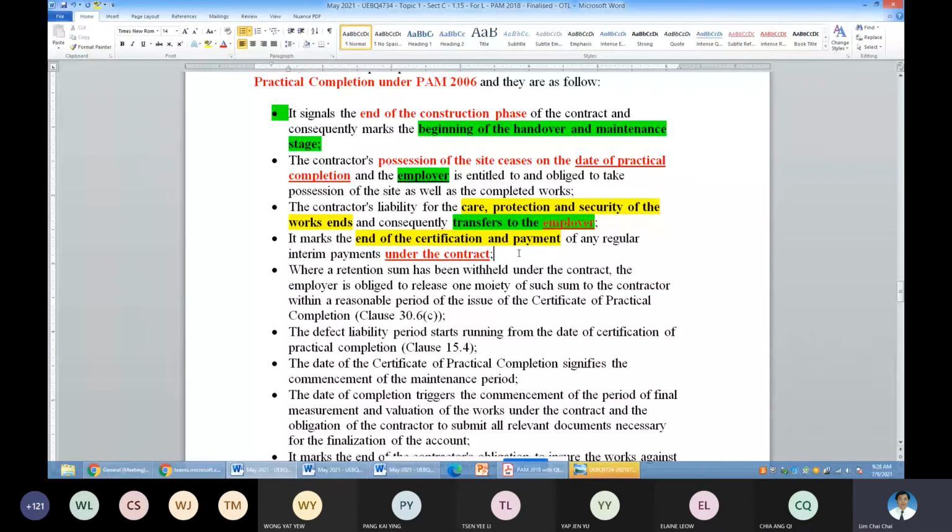That one is no more an interim payment claim. It's just a claim after the CPC. It is up to the architect to evaluate and issue the certificate to the contractor. Sometimes the contractor may submit monthly, weekly, and so on, or even a few months apart within the defects liability period.